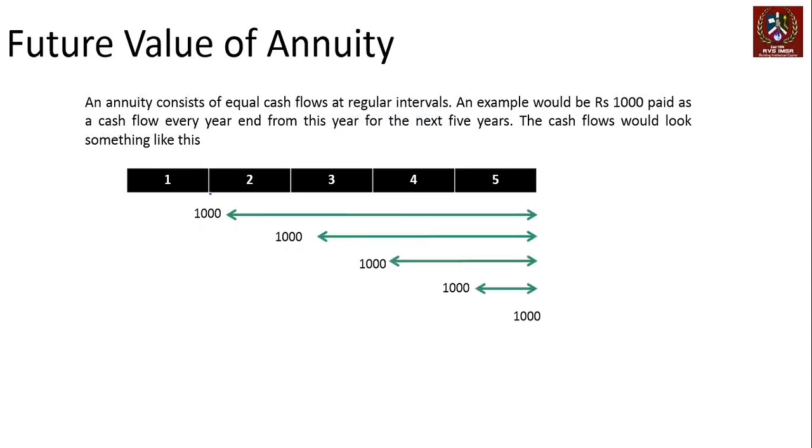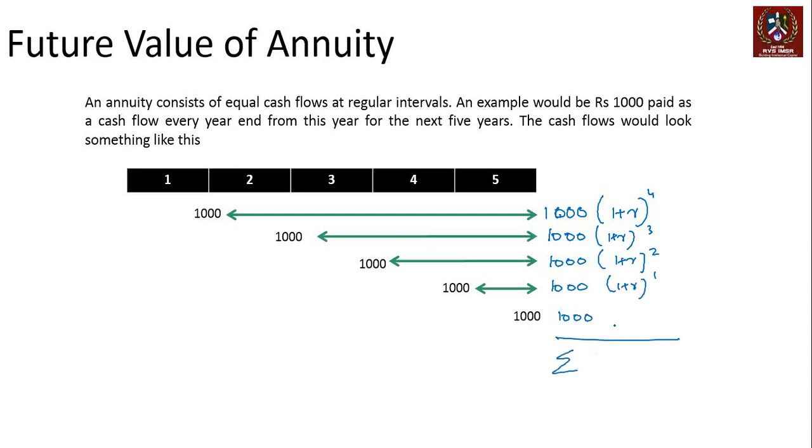Effectively, my first cash flow is going to get invested for a period of 4 years. So this 1,000 will get invested at a rate of R for 4 years, then 1,000 at the rate of R for 3 years, 1,000 at 1 plus R for 2 years, 1,000 at 1 plus R for 1 year, and 1,000. This is happening right at the end, so this does not get invested. The summation of these cash flows effectively is going to be my sum, or the future value of the annuity, correct?